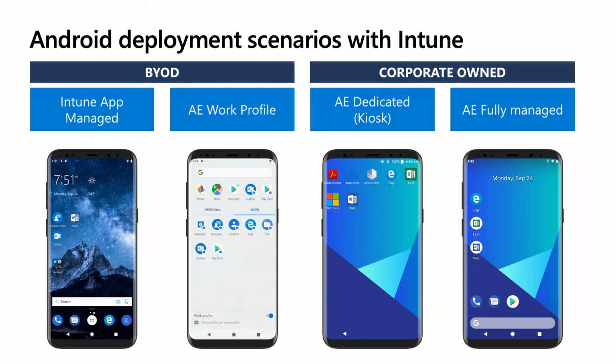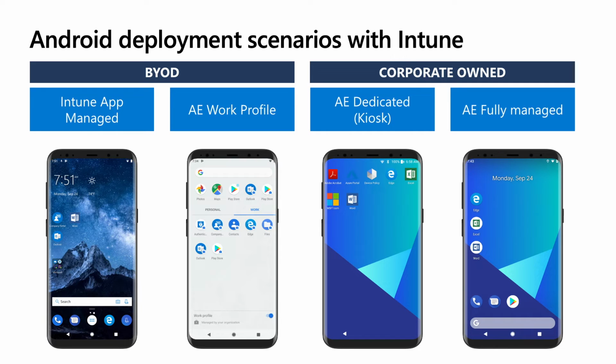For corporate-owned devices, there are a number of different models in which you can manage the device, and I highlight two on this slide. You have Android Enterprise Fully Managed, which, as its name implies, manages the entirety of the device and enables or disables certain feature sets appropriately per the organization's requirements, and leverages Managed Google Play for app deployment and management. And then there's also Android Enterprise Dedicated.